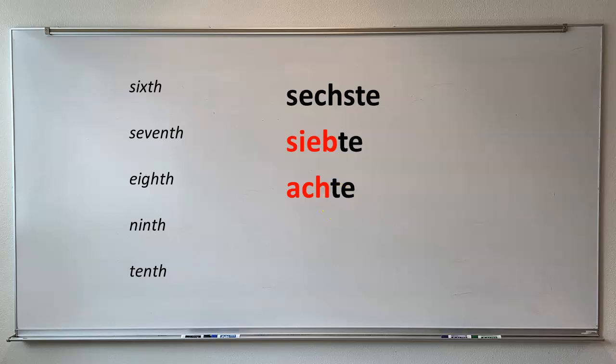To get the ninth, we start with the number 9 in German, and then add the TE, neunte.